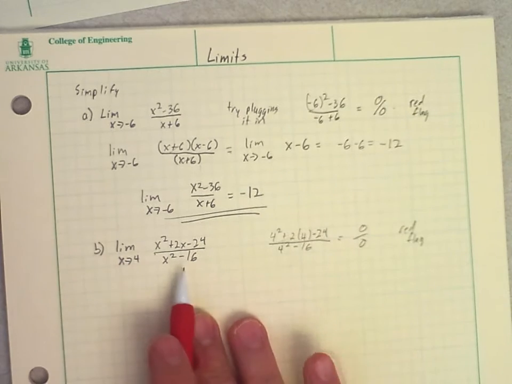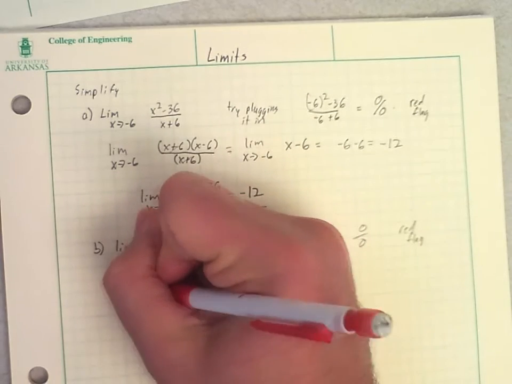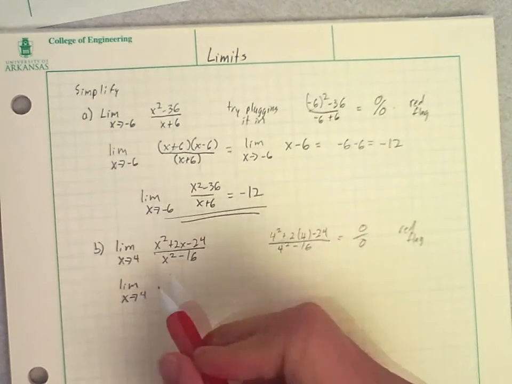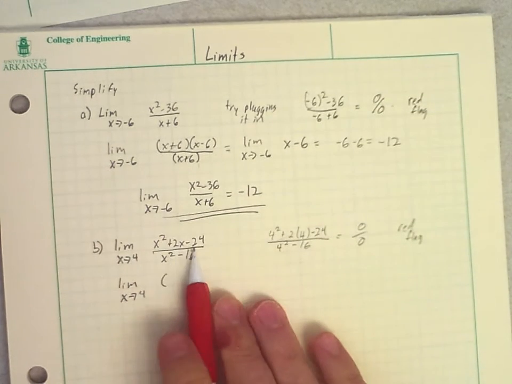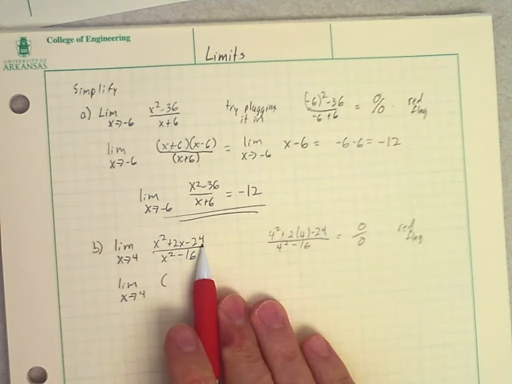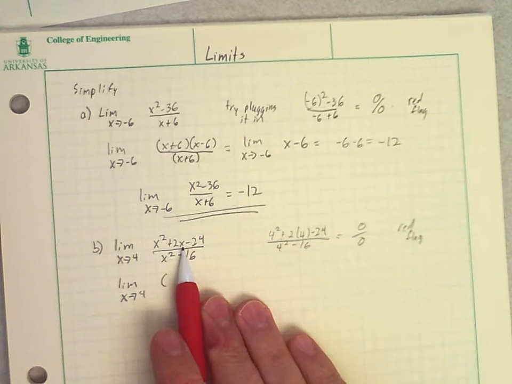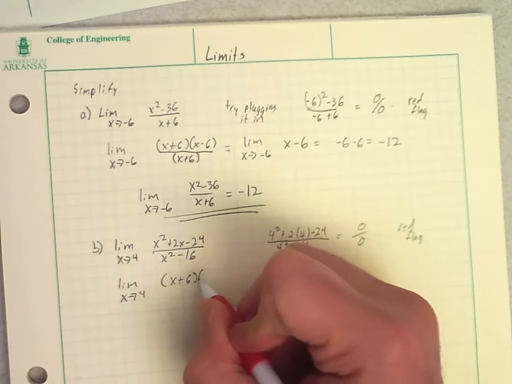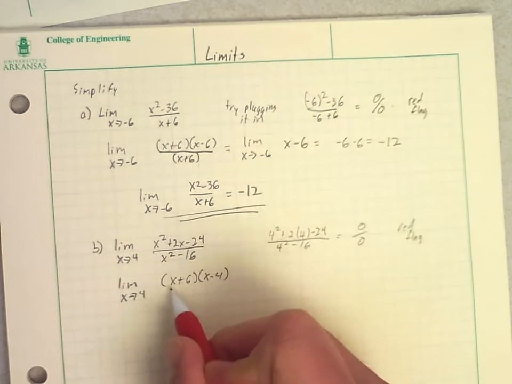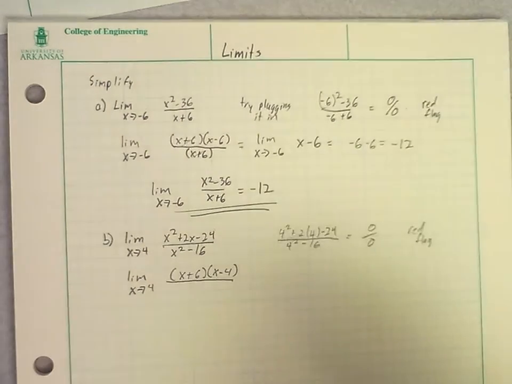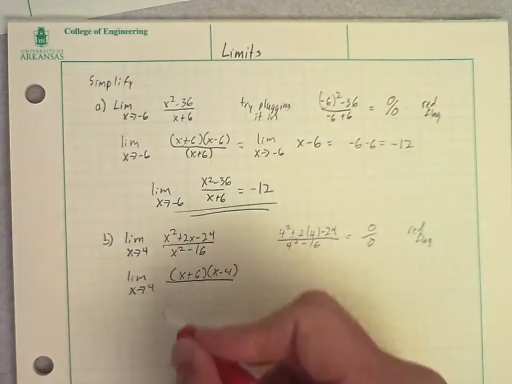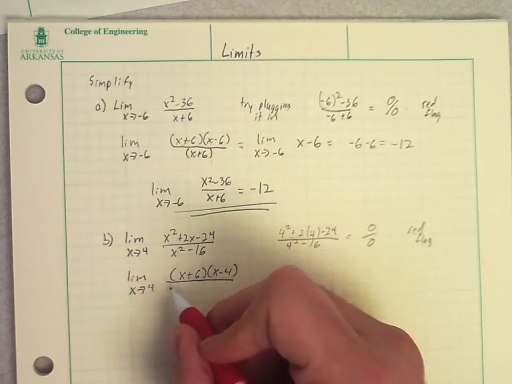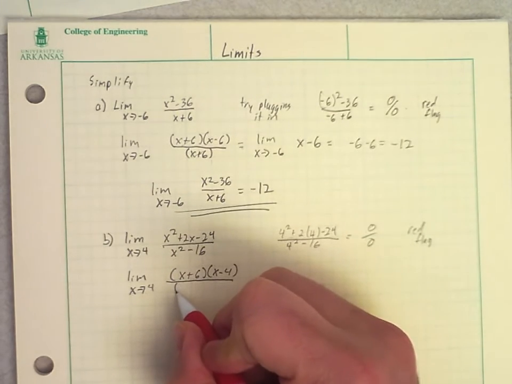Since these are polynomials, we can probably factor them and simplify things. If I factor the top, I need factors that multiply together to get negative 24 and add together to get positive 2. Those factors are x plus 6 and x minus 4. This is why going back to quadratics is very important: being able to factor is useful later on.